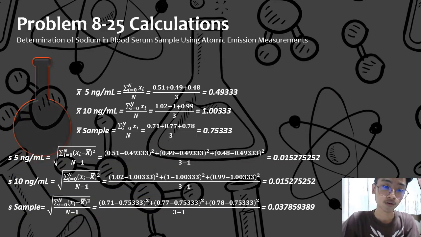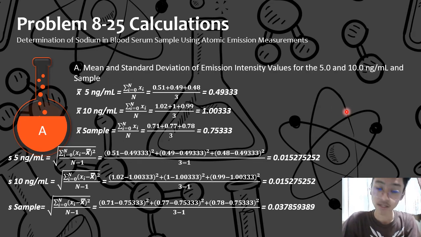First part, the calculations for the second problem. This is just the same as the first problem. We use the formulas for mean and the standard deviation and arrive at the following values of the mean of the intensity: 0.493, 1.003, 0.753.